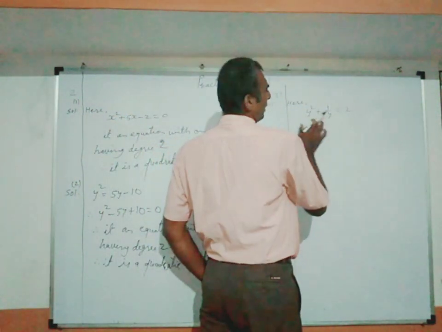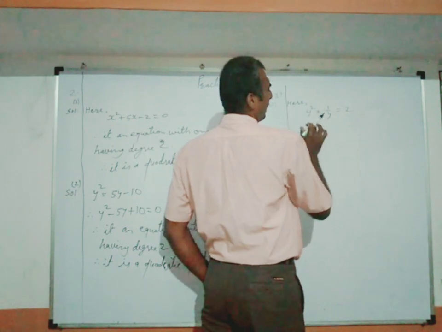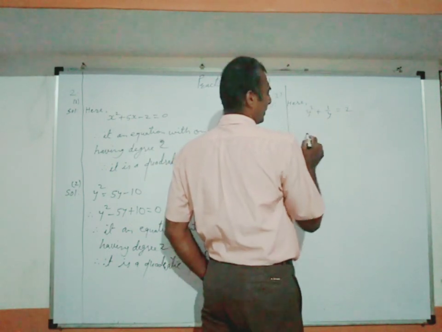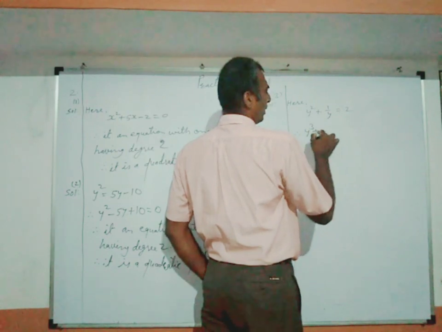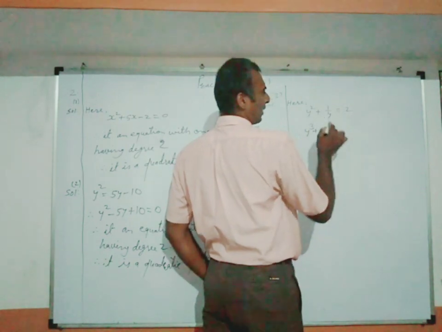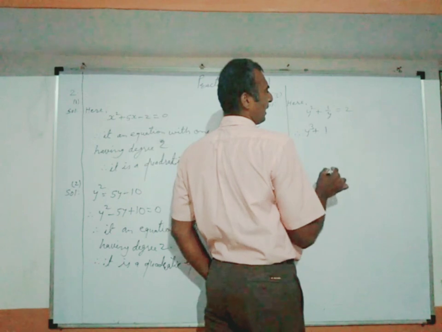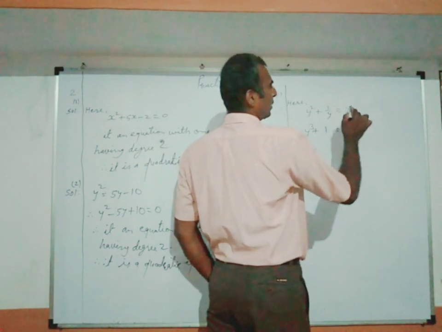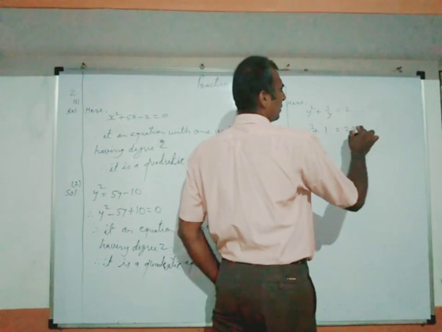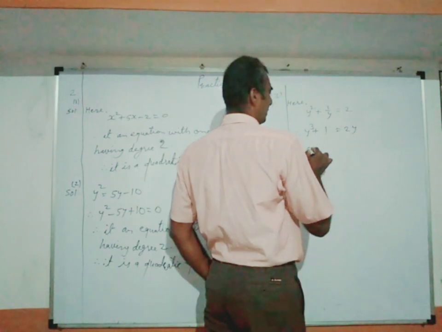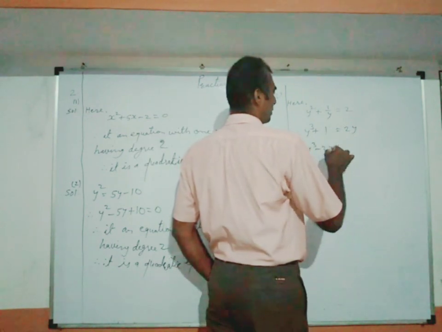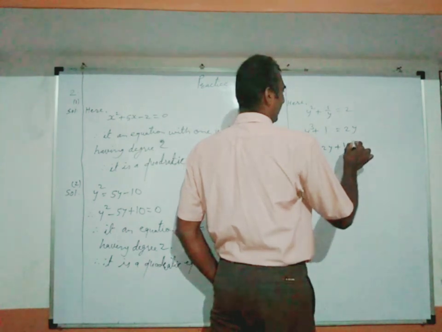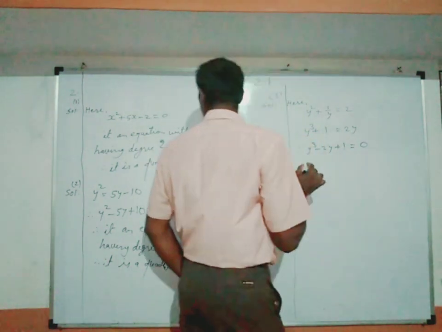And therefore, by multiplying every term by y, we are going to get y into y square gives us y cube plus y into 1 by y. Y will get cancelled, leaving behind 1. That equals 2 into y means 2y. And therefore, it is y cube minus 2y plus 1 equal to 0.